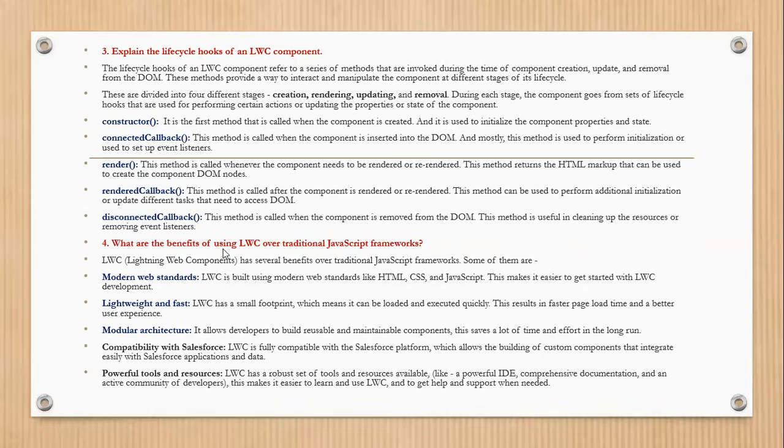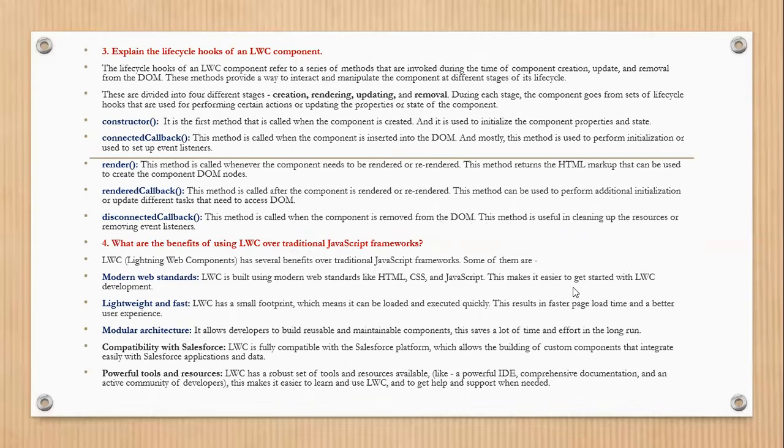Next, what are the benefits of using the LWC over traditional JavaScript frameworks? The LWC, Lightning Web Components, has several benefits over traditional JavaScript frameworks. Some of them are: modern web standards. LWC is built using modern web standards like HTML, CSS, and JavaScript.